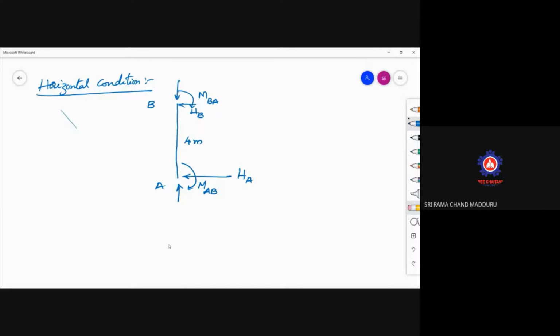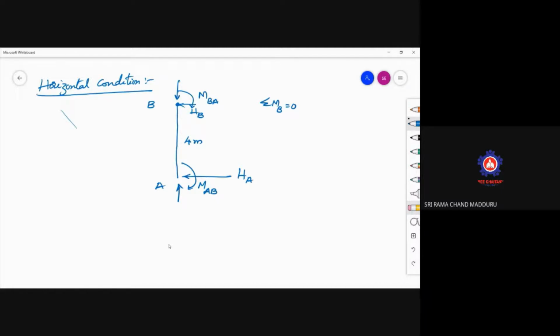Now, taking moments about B equal to 0. So when you take moments about B equal to 0, clockwise moments are positive.